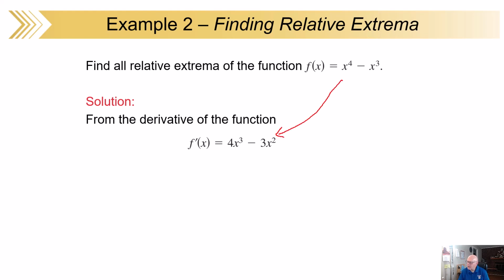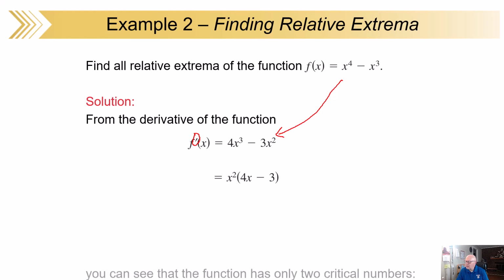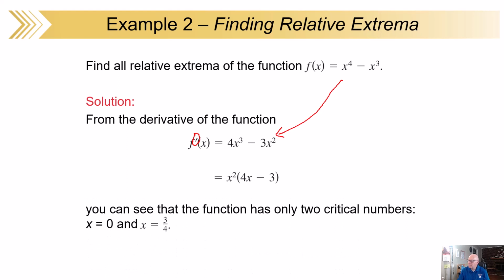There's the derivative of that function. First derivative, of course. We can also factor that. That makes things a little bit easier because we're going to set this thing equal to 0 and find out which x's give us zeros or undefined. We can see that it's got two critical numbers, 0 and 3/4.